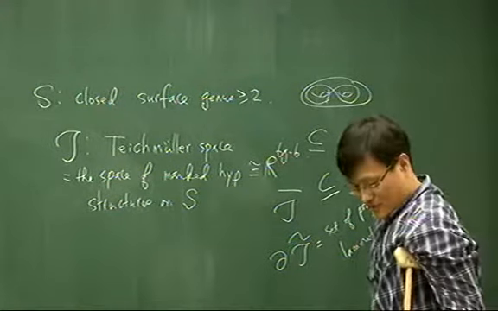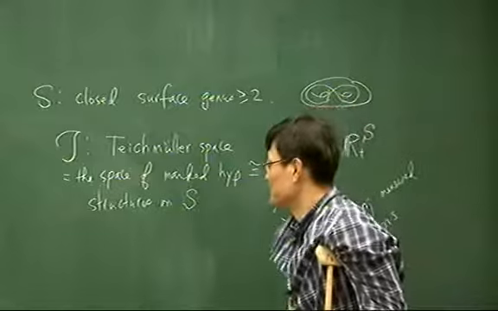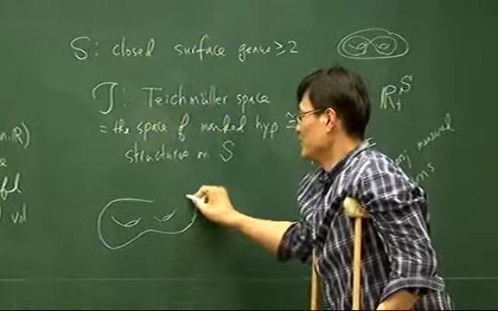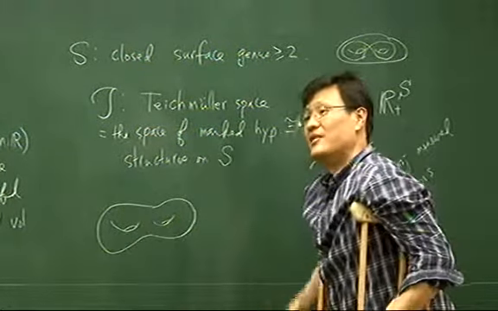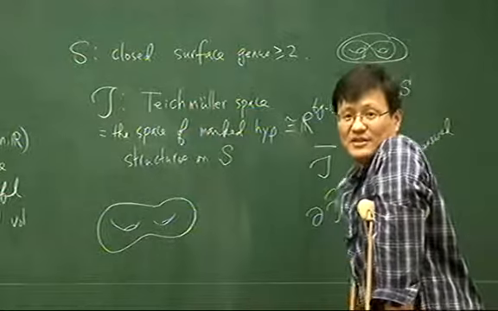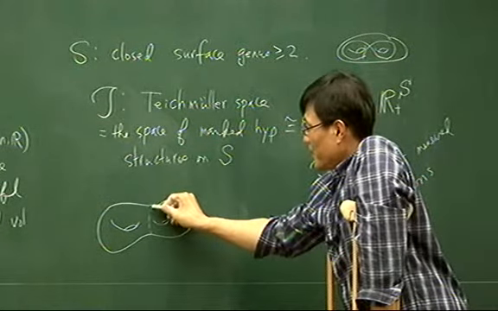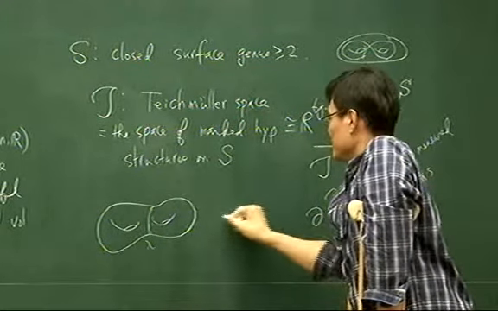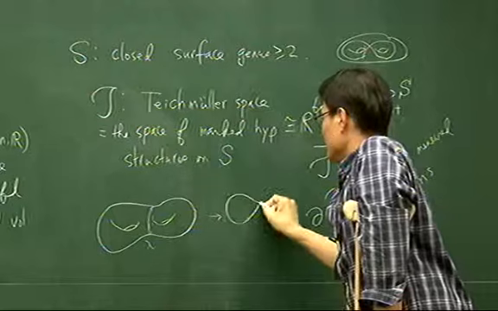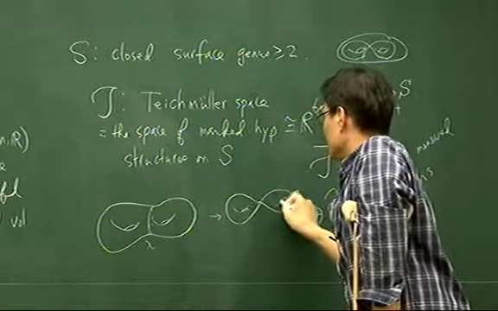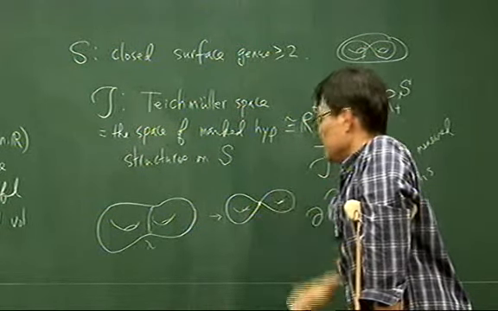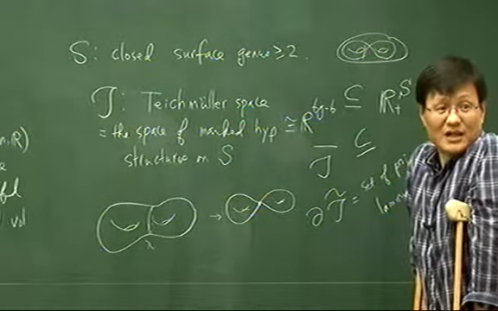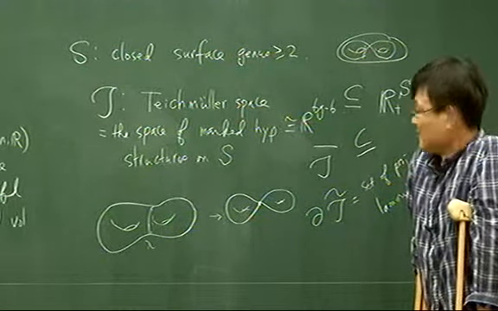Maybe it's better to draw some picture. So for example, if you have a hyperbolic metric here, to make it diverge inside the Teichmüller space, pick one closed geodesic here, like lambda, and you pinch it. So at the limit, this guy is pinched. It develops a cusp, actually two cusps. Okay.